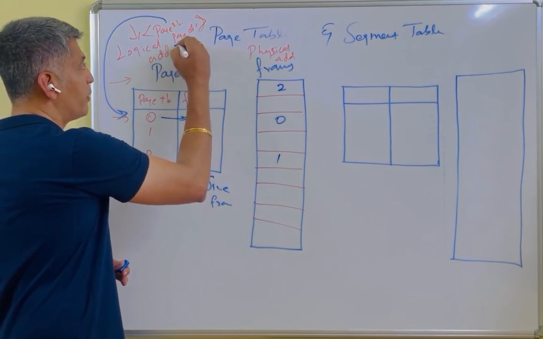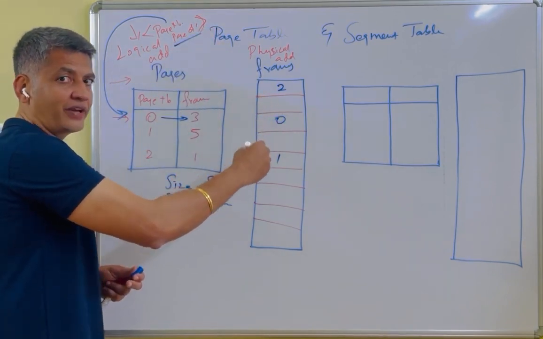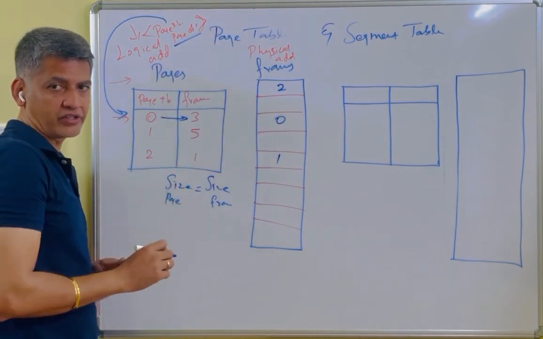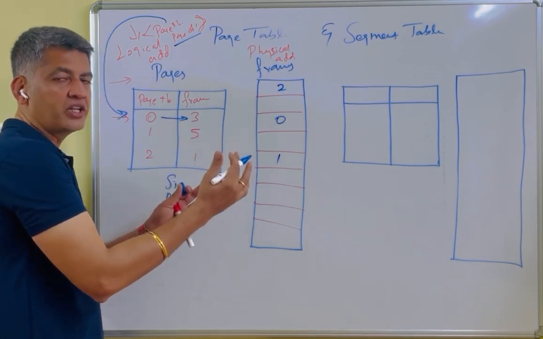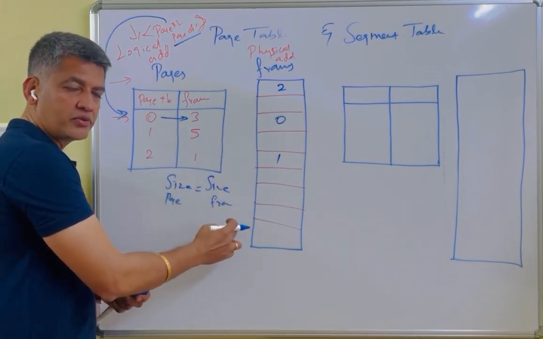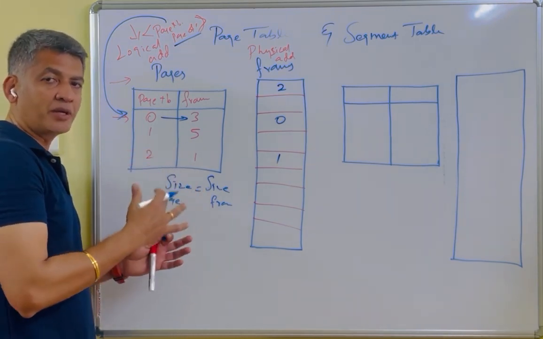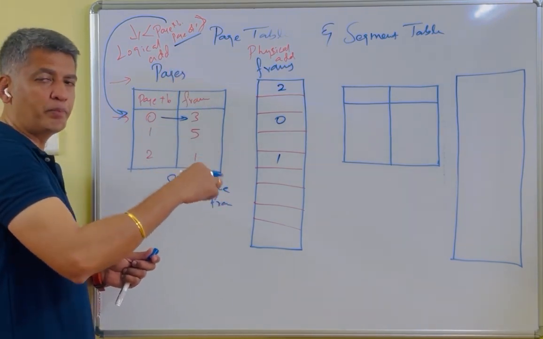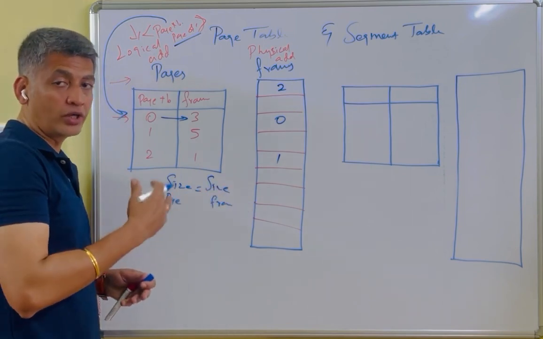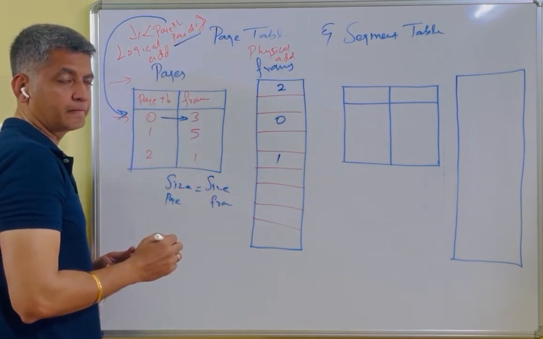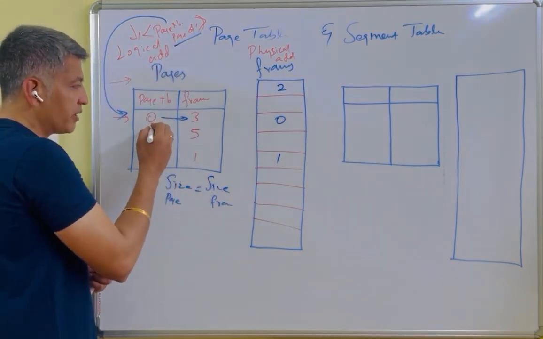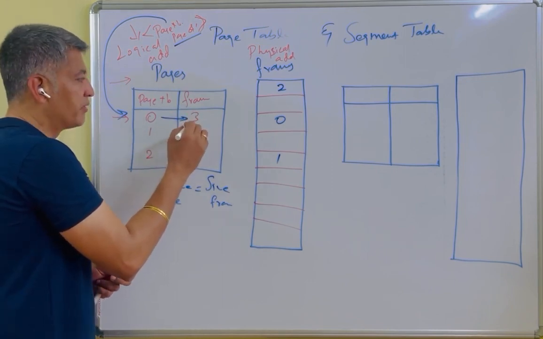What is the meaning of page offset? Inside the frame, which byte you are going to access. Page size equals frame size, so a page may be 4 MB or 2 MB, something like that. Inside the page, which byte you are going to access is called the page offset. Here the page number will be identified, then the frame number will be identified.